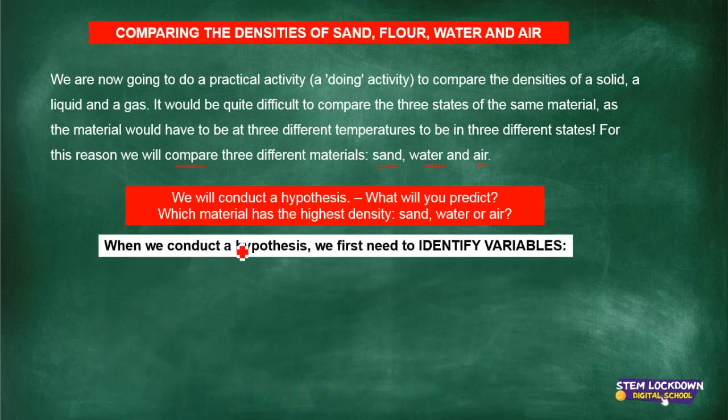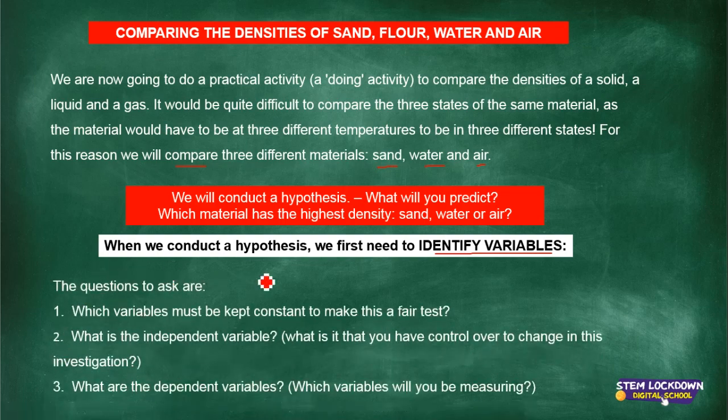So when we conduct a hypothesis, you need to identify variables. The most important thing in a hypothesis is to identify variables, and I'm going to explain what variables means. Before I explain, you need to ask yourself these questions, because now I'm teaching you how to become a researcher.